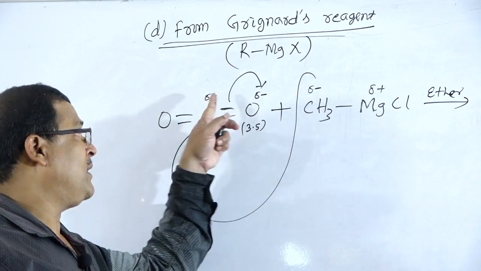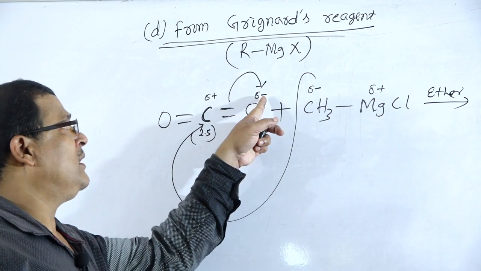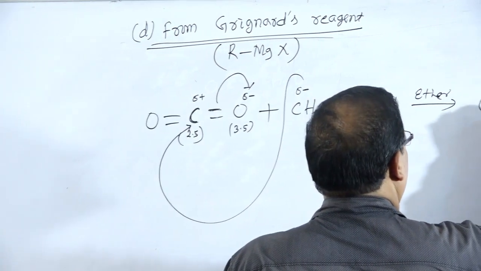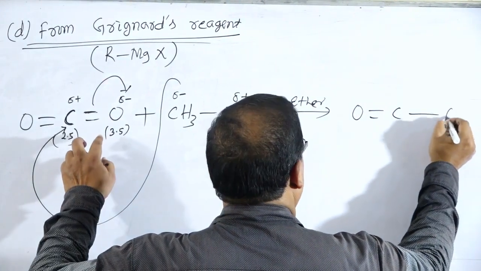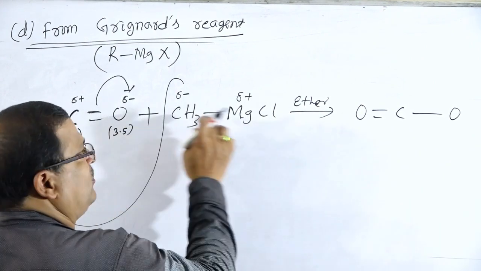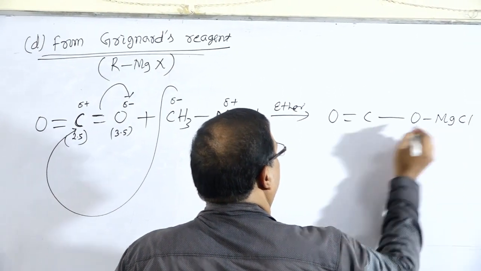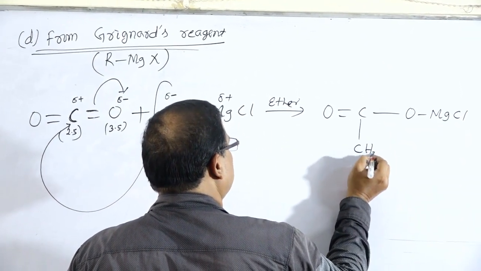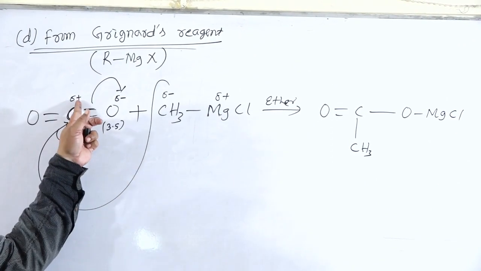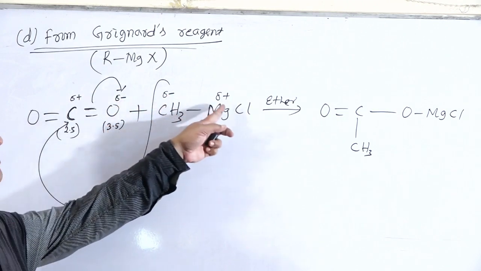So we get O double bond C, bond O, with MgCl on the oxygen side and CH3 on the carbon side.